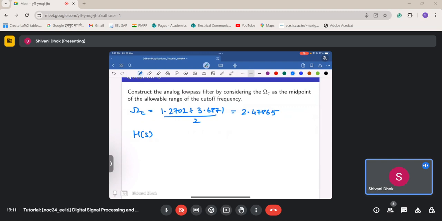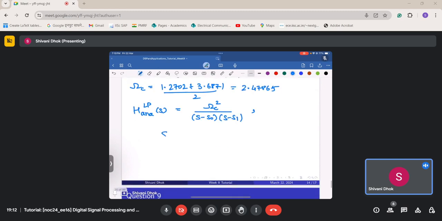So H analog of s, low pass, will be equal to omega c square divided by (s minus s0) into (s minus s1), where sk equals omega c into e power j (2k plus 1 plus n) upon 2n into pi.